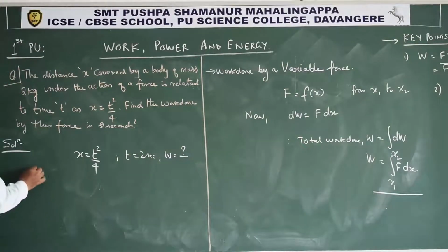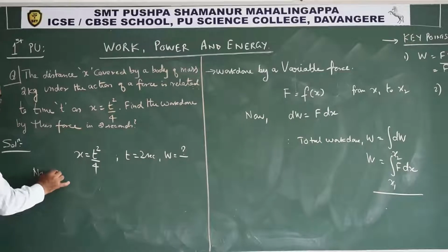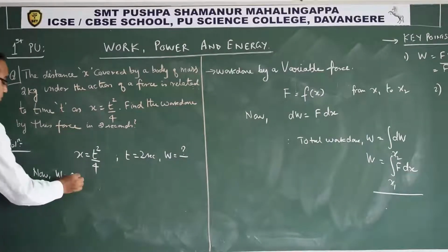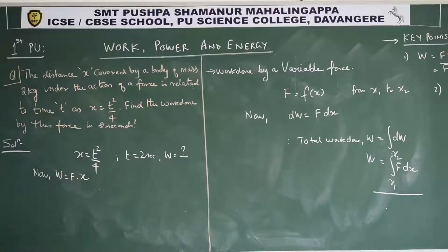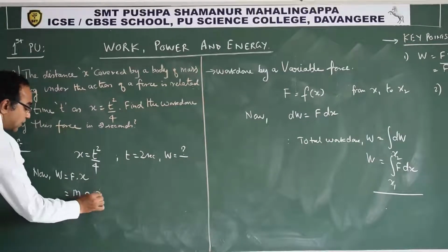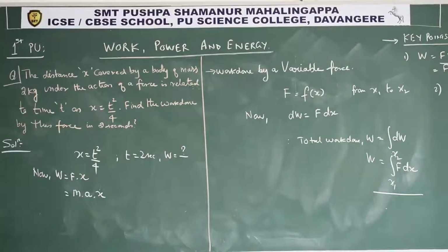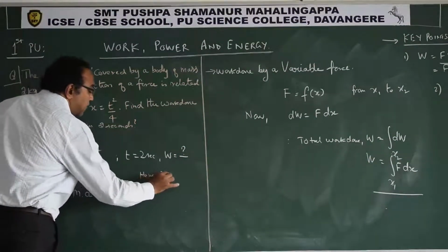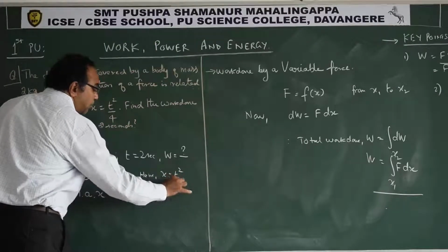Now, what is work done? Work done is force into displacement. We have x, correct? Distance x. Force is what? M into a, and a is the acceleration. So here, x is equal to t square by 4.